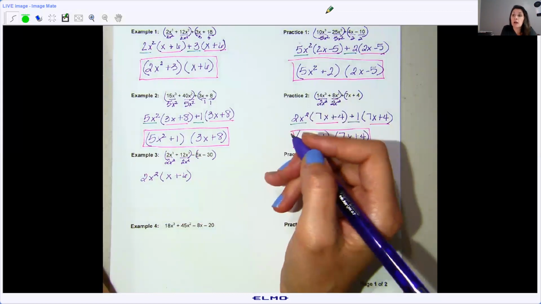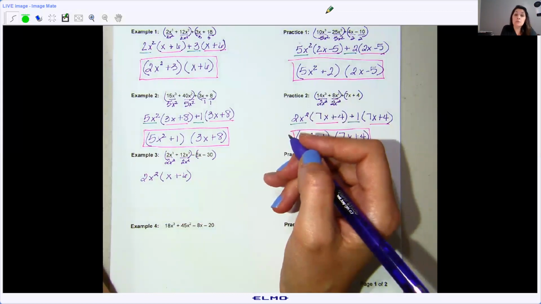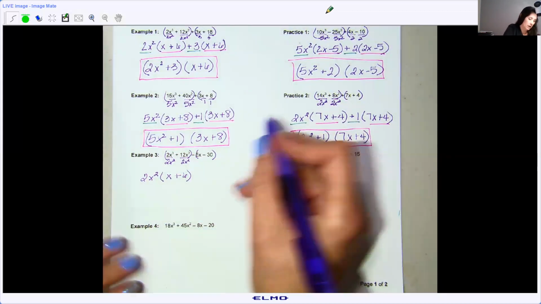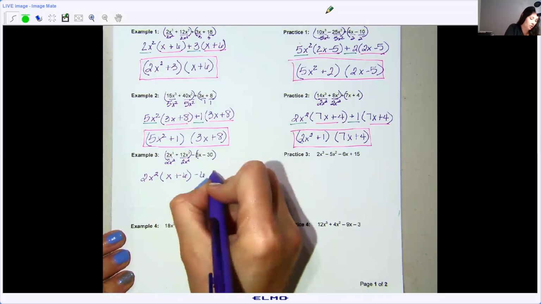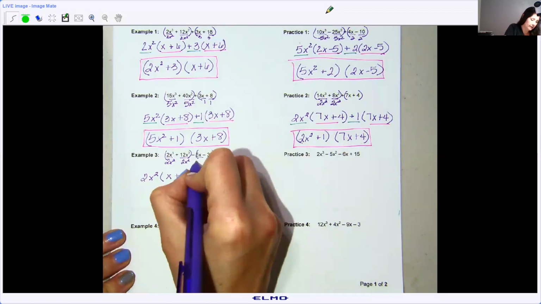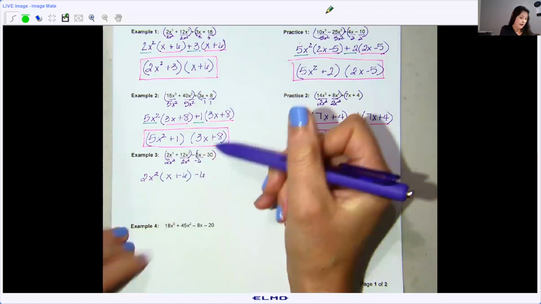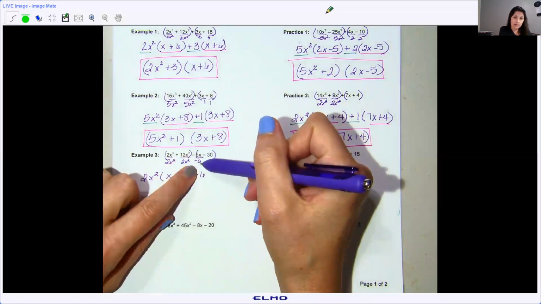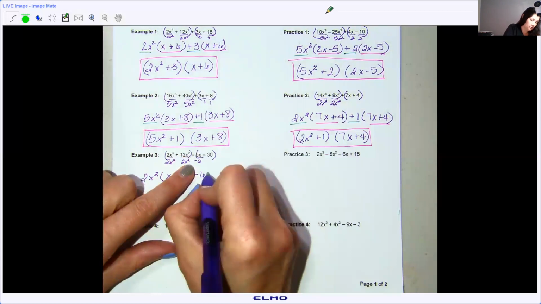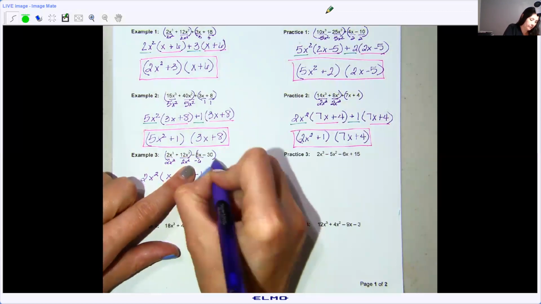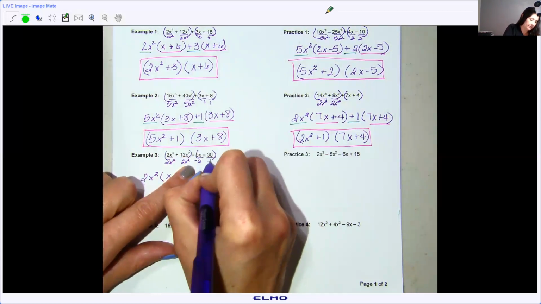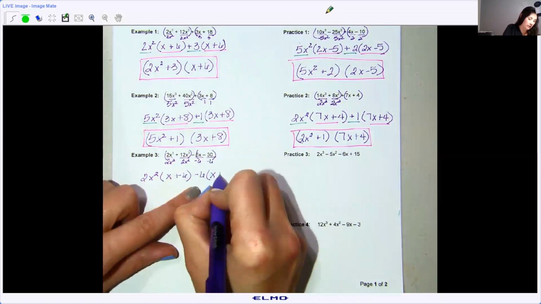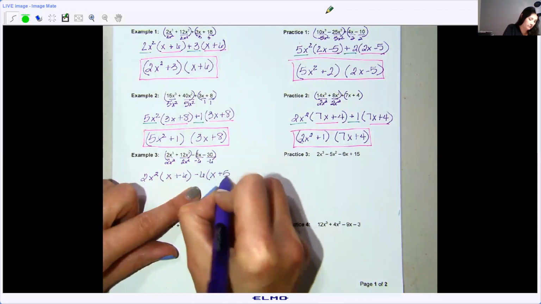So I'm going to pull out, yes, a -6. Okay, so I'm going to pull out a -6. Now, when I divide this, I now have a -6 divided by a -6, which is going to give me an x, and a 30 divided by a -6, which is going to give me a +5.